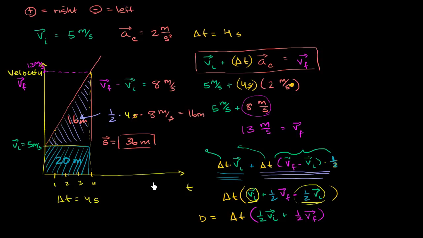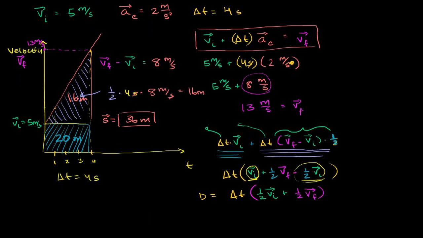Or another way to think about it, let's factor out this 1/2. You get distance is equal to change in time times, factoring out the 1/2, vi plus vf. So this is interesting.